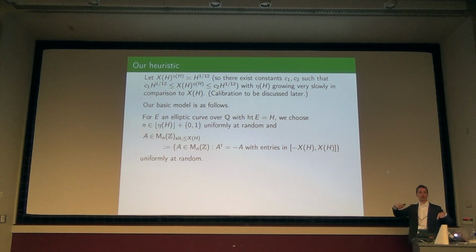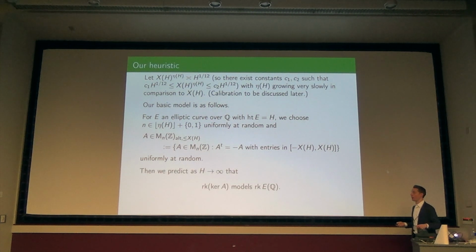I guess I only have to choose the things above the diagonal, and for those, I choose them randomly in this interval. So our heuristic says that as h goes to infinity, the rank of the kernel of this matrix models the rank of the elliptic curve. If I imagine a random E coming along of some height h, and I go through this procedure to make a random matrix and look at its kernel, then that should predict the rank.